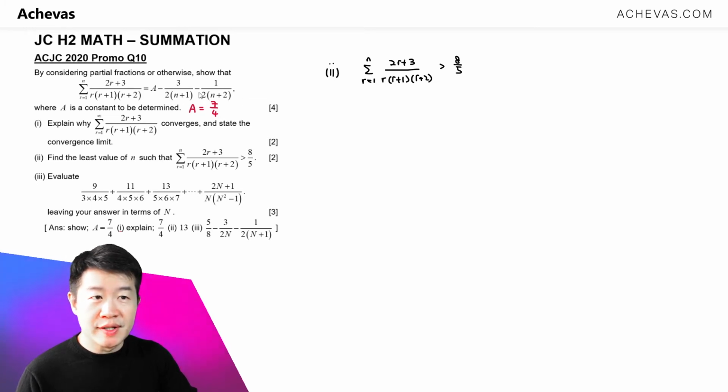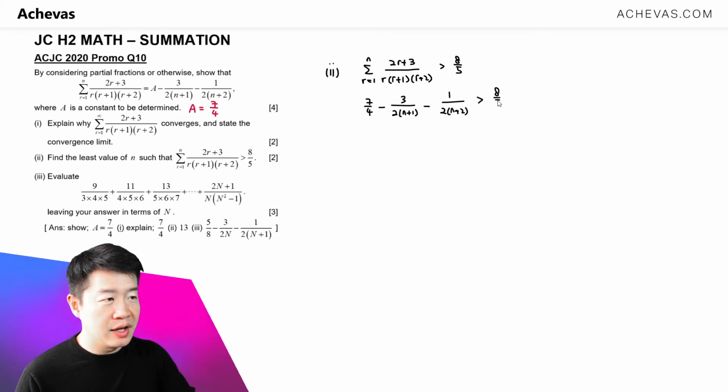I'm going to make use of the result from the previous part, where a was found to be 7 over 4, and subsequently this. So I'm going to replace this by 7 over 4 minus 3 over 2 n plus 1 minus 1 over 2 n plus 2. This is supposed to be bigger than 8 over 5.